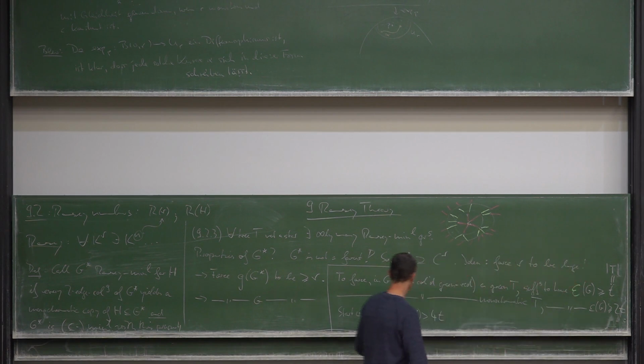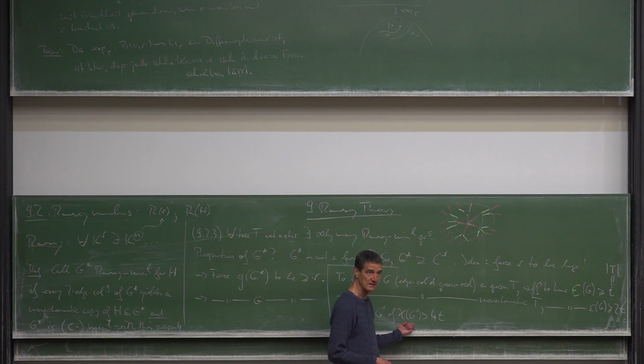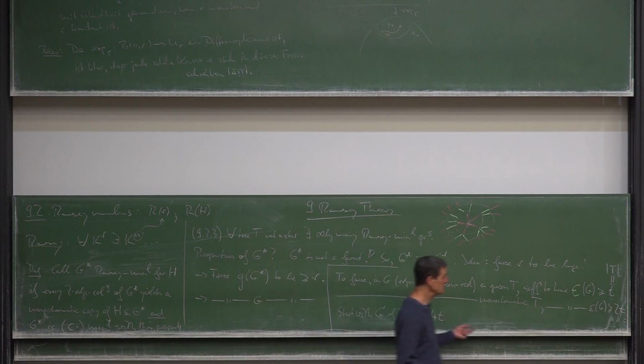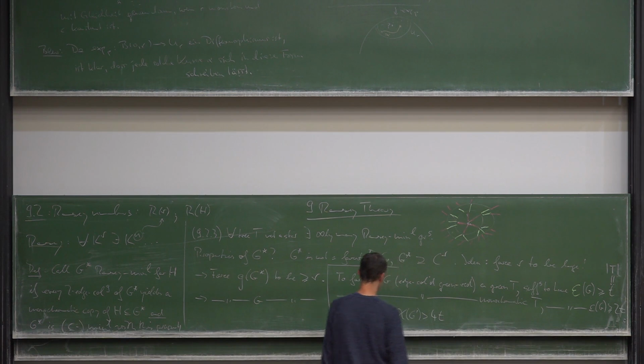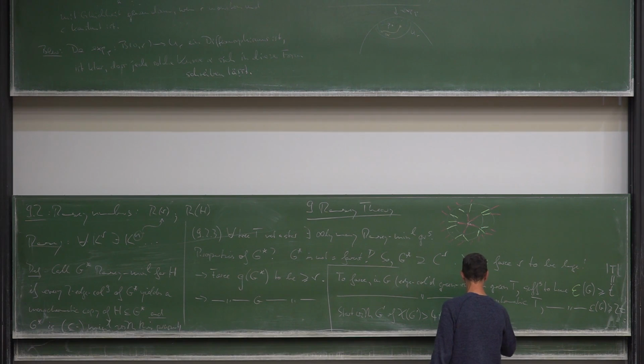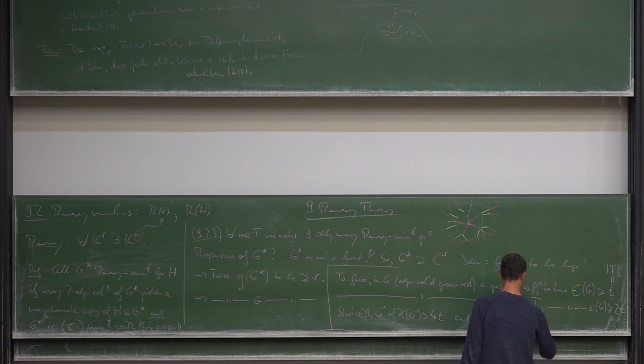So once more, start with a large chromatic number, find inside a subgraph that has min degree the same minus 1. Min degree is certainly at least the average degree. Average degree is twice epsilon. So if we start with 4t, then we'll get this. And the girth of G prime to be at least R. End of proof.